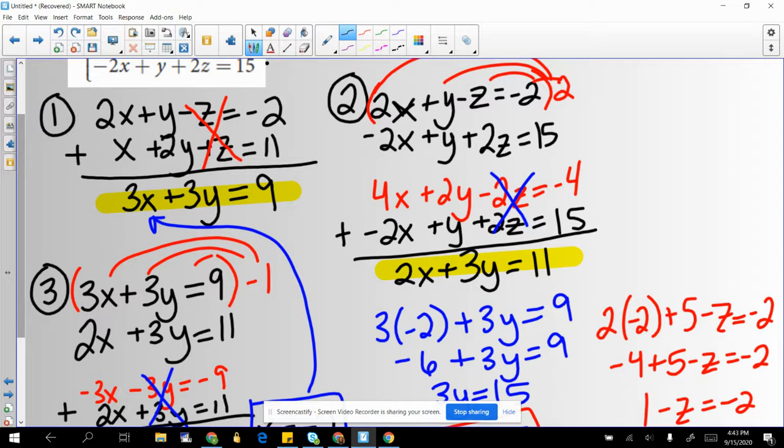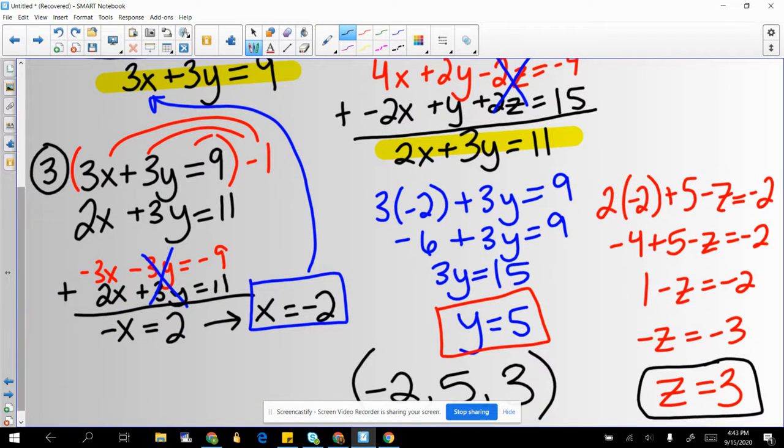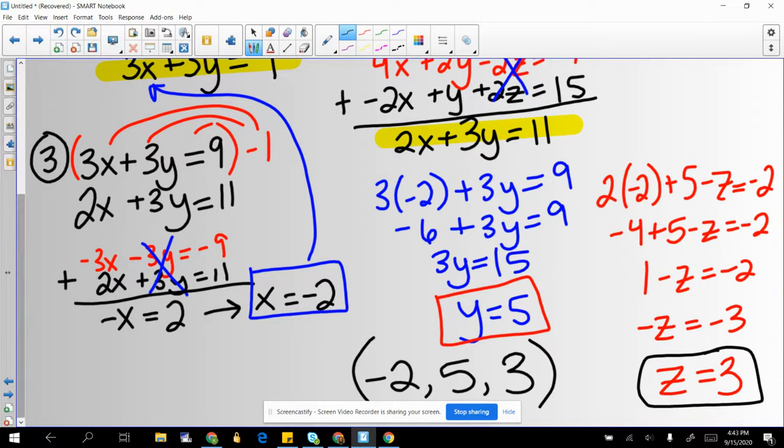Step 2 was another set of elimination, doing equations 1 and 3, eliminating variable z. And then once z was eliminated in both, we could do another set of elimination, and you could have chosen to eliminate x or y. We chose to eliminate y, so we got x equals -2. Then we plugged back in to get y equals 5 and z equals 3.